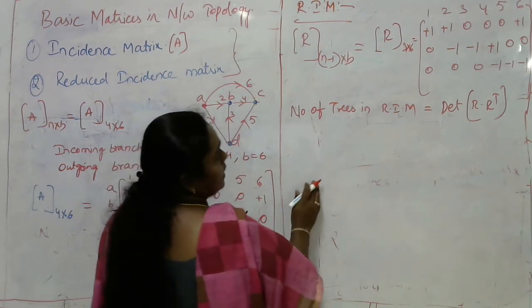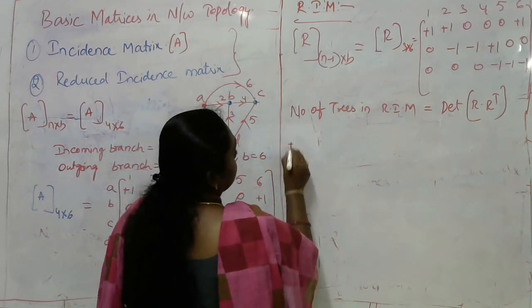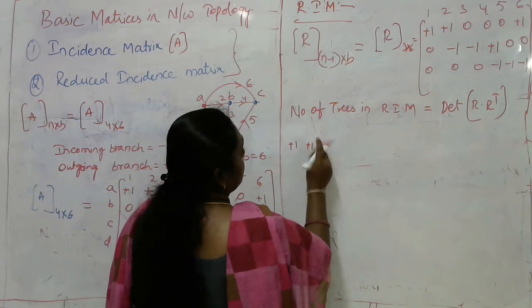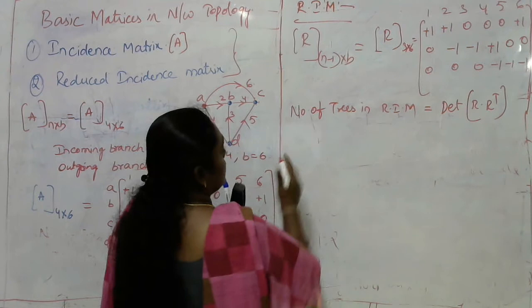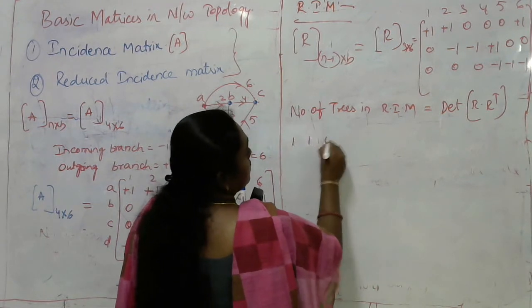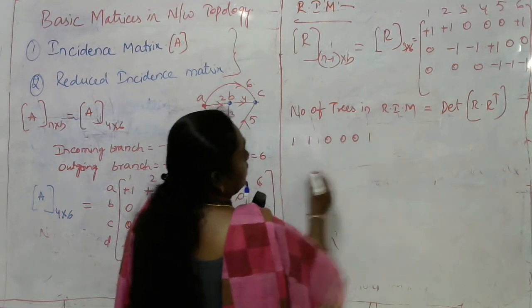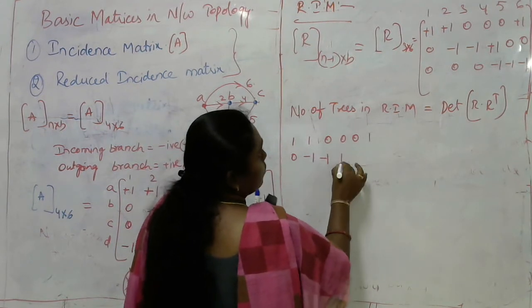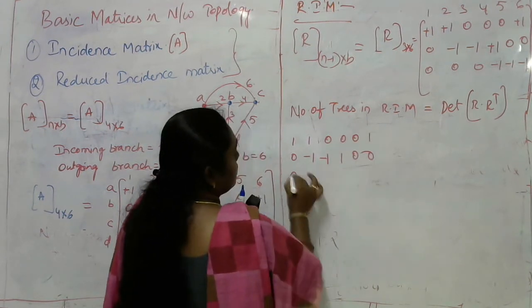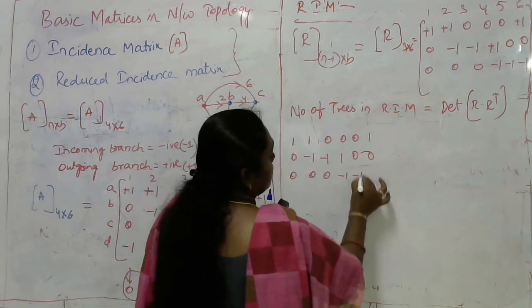The R matrix, in simple form, I will write as 1 and minus 1. So here 1, 1, 0, 0, 0 and 1. Then 0, minus 1, minus 1, 1, 0, 0. Then triple 0 followed by triple minus 1.